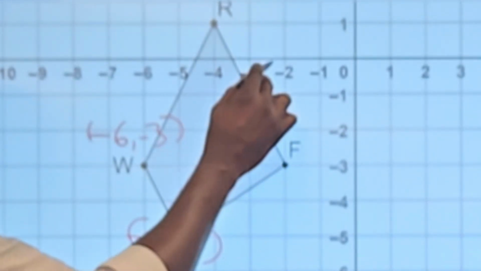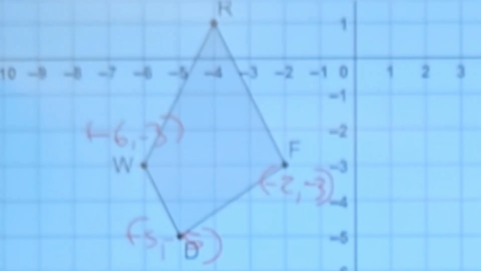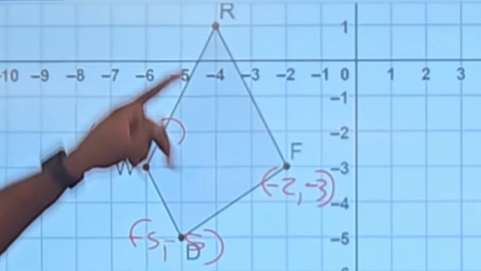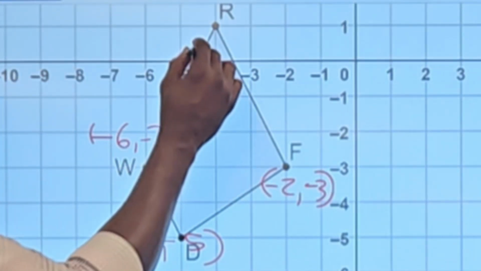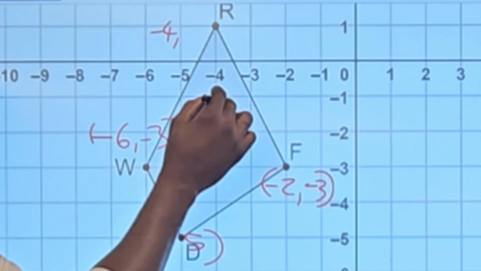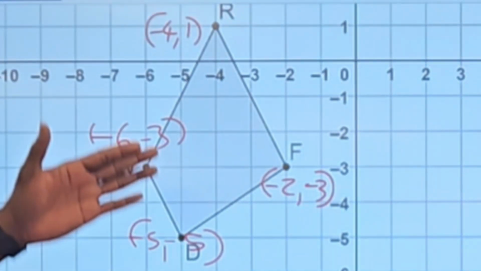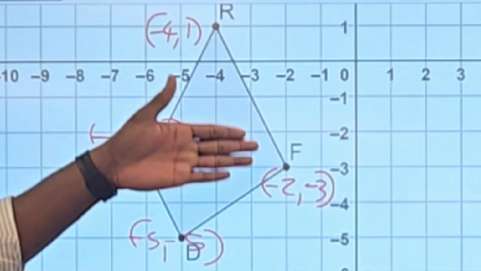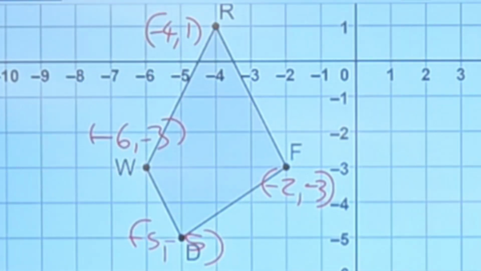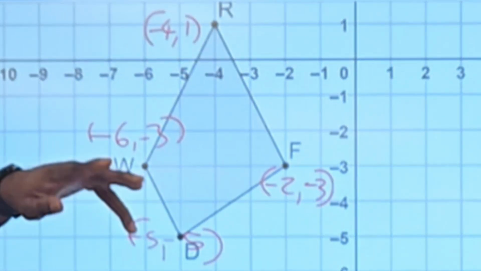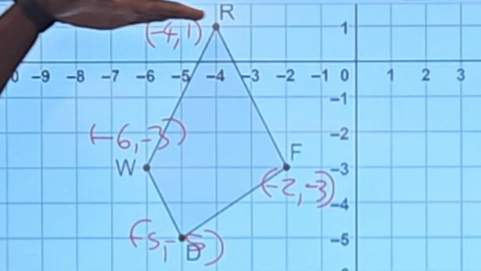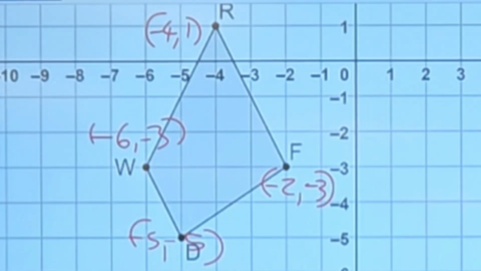For F, we have -2 with -3, and for R, we're looking at -4 with 1. You notice when I'm naming my coordinates, I'm naming the x values first. So I follow that vertical line, those are x values, and then I look to see where the horizontal lines, which are my y values, would meet, right? Wherever they meet, that's the point.